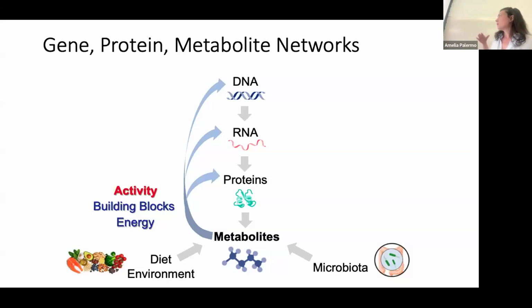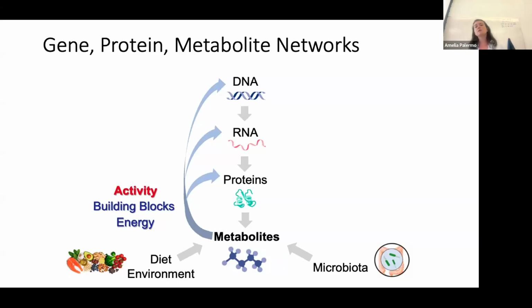So metabolites lie at the interface of our system with the environment. We not only metabolize these compounds to generate energy, we use them as building blocks, but in the context of our system, they are actively modulating the functions of proteins, of RNA and of DNA transcription.